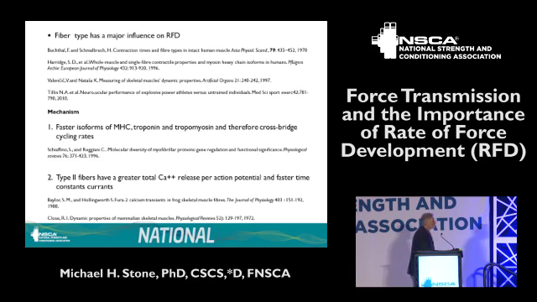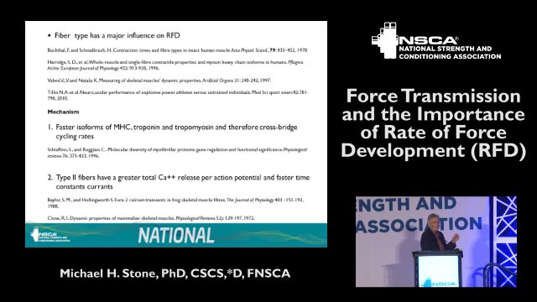So we know that fiber type has a major influence on rate of force development, and there are a number of papers showing that. The basic mechanisms are these. First of all, the isoforms of myosin heavy chains in type 2 fibers are such that the cycling rate of cross bridges is much faster. Because of that, at any moment in time, you're going to produce more force in a type 2 fiber compared to a type 1 fiber.